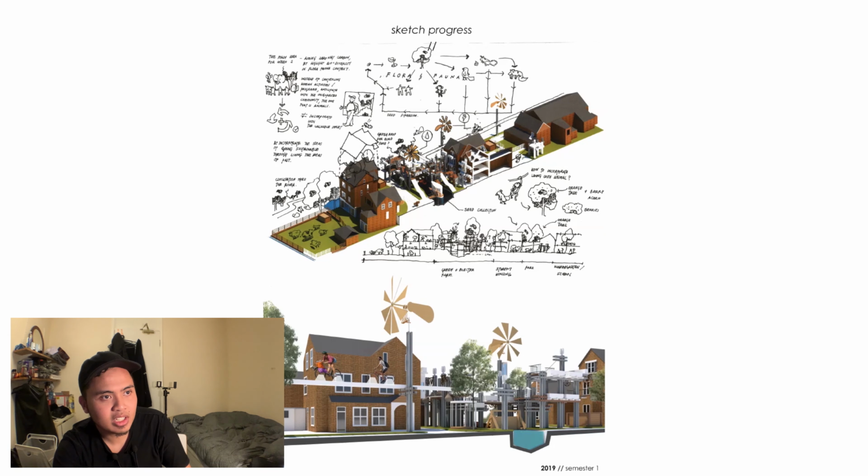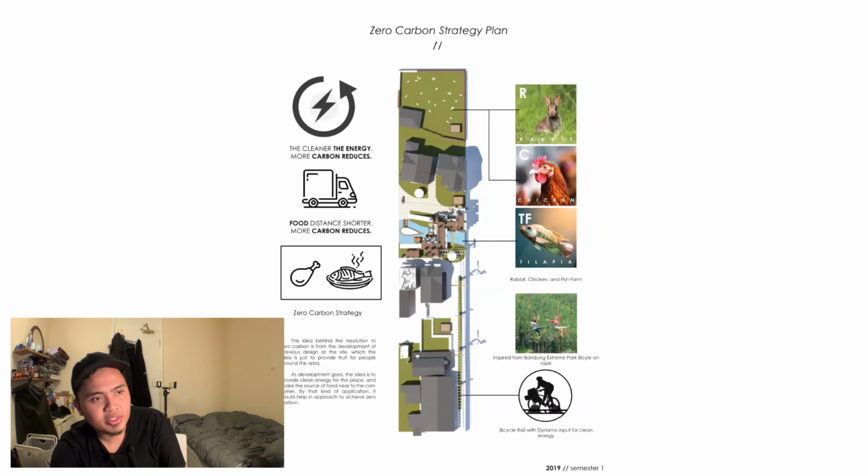And then they got many fruit trees for birds and animals to eat, so that they can go for seed dispersion. And then this is the plan, showing what kind of animals there are and what kind of approach I'm doing.